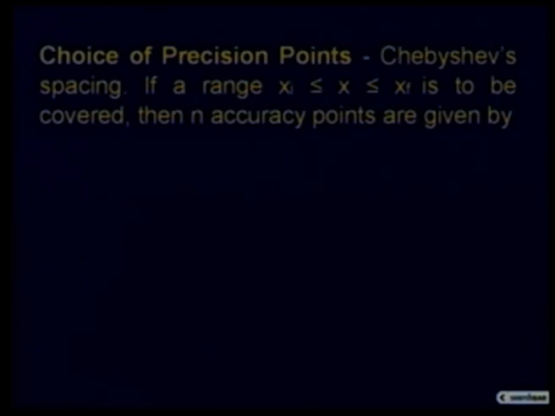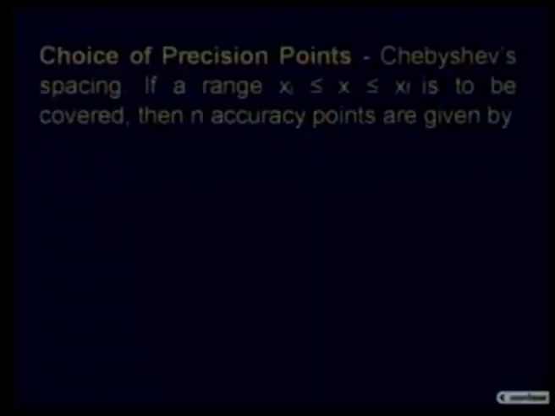Suppose the motion characteristics has to be satisfied covering a range of a variable x starting from xi to xf. xi is the initial value of x, xf is the final value of x. If the motion characteristics has to be satisfied in this entire range of x, then we choose say n number of accuracy points, n can be 2, 3, 4 and so on. There is a limitation on this value of n depending on the type of linkage that you use.